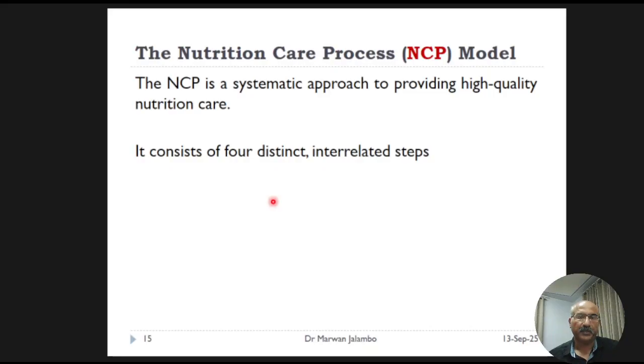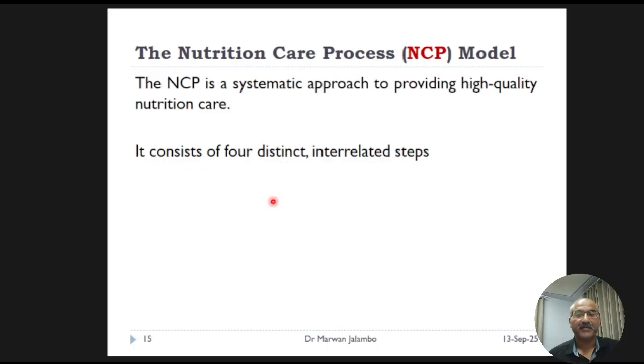Now we are going to the nutritional assessment topic. The NCP, or nutrition care process, is a systematic framework that we as nutrition professionals use to make decisions and provide high quality care.